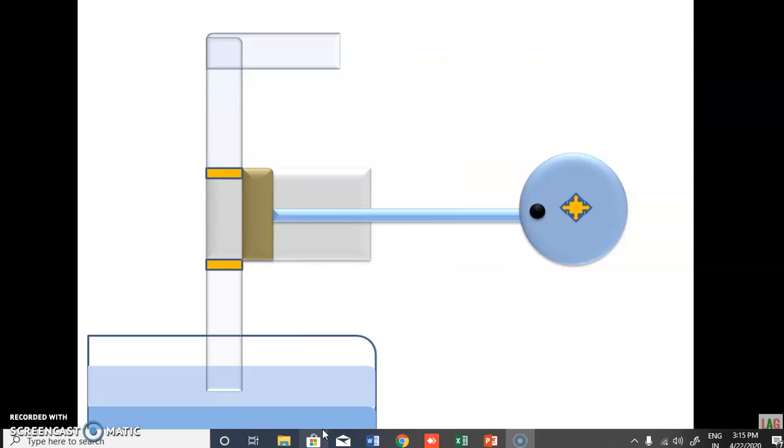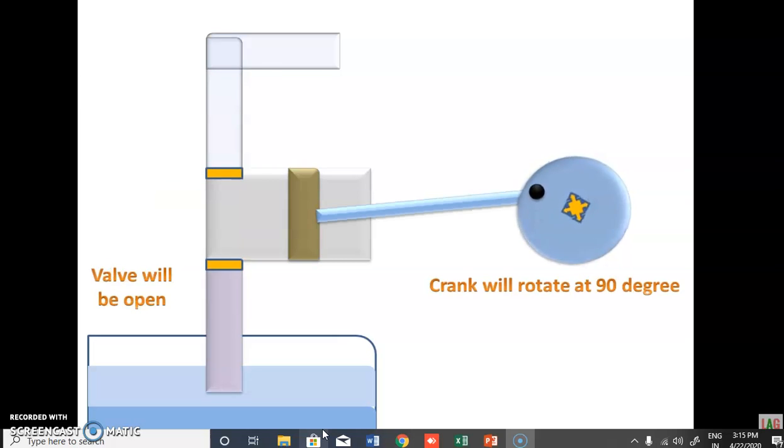This is our crank. Suction valve, delivery valve.